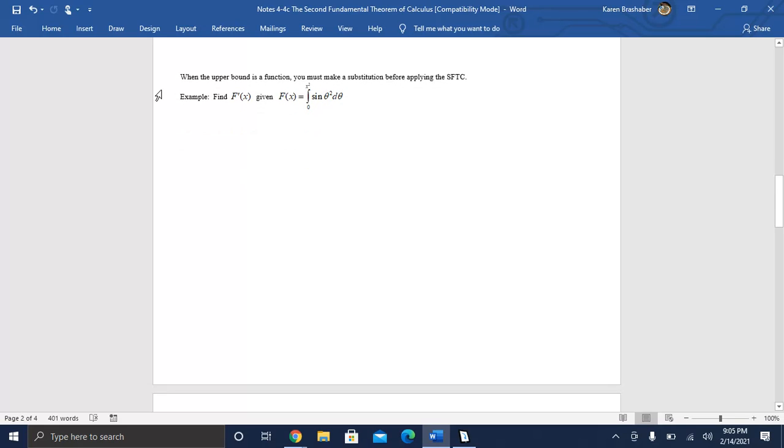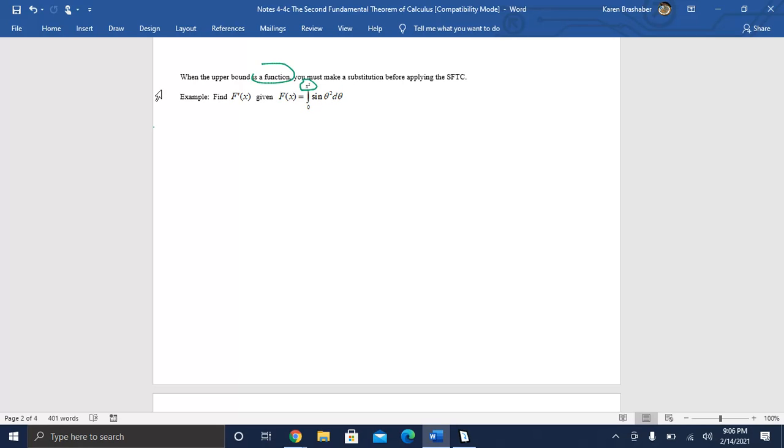It says find f prime of x, given that f of x is equal to the integral from 0 to x squared of sine theta squared d theta. Now, I do have a note on this one that when your upper bound is a function, so notice that my upper bound is not just an x, but in this one it's an x squared.